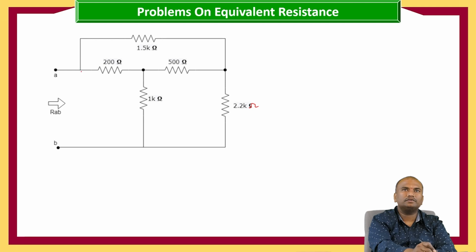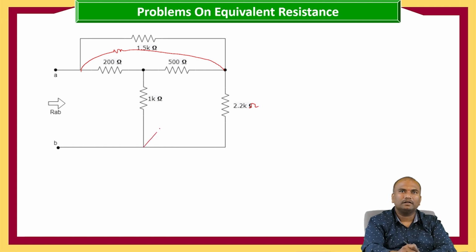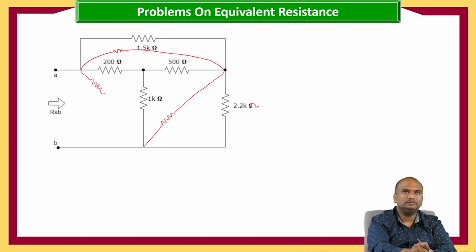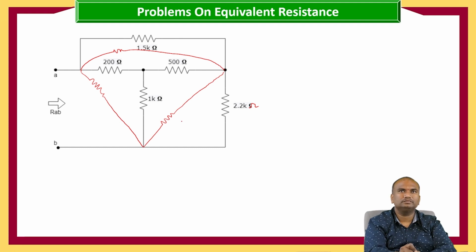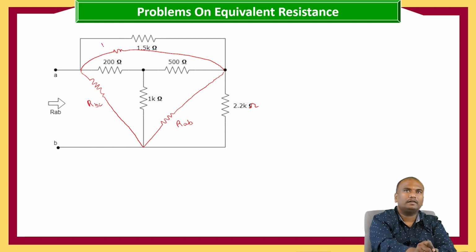So the delta values which I need to calculate is this is RAB, RBC, RCA.